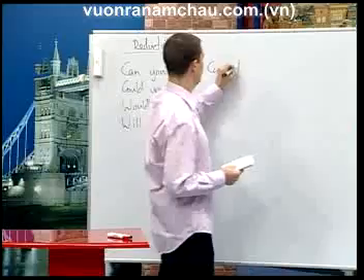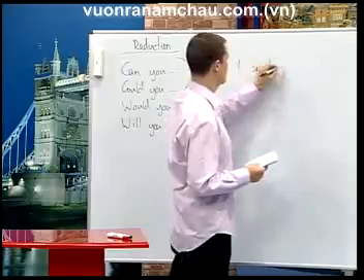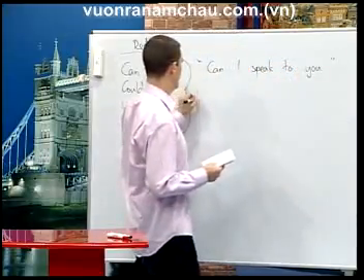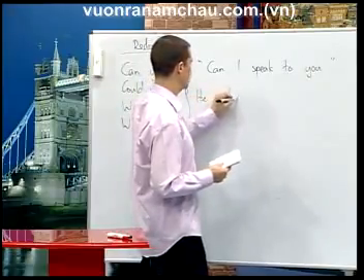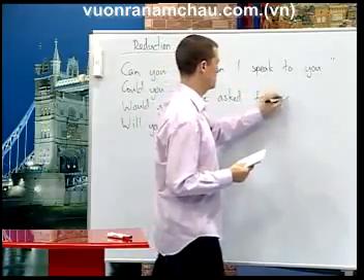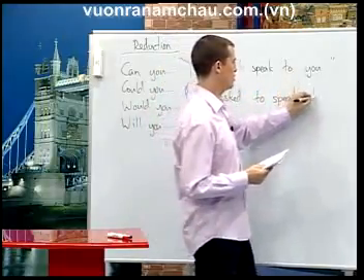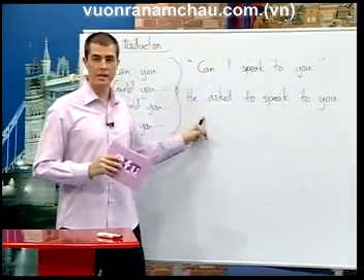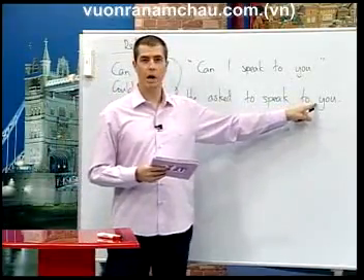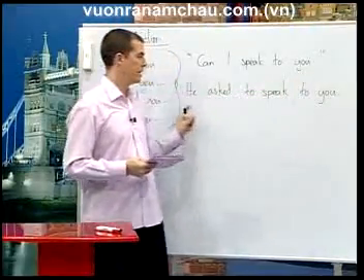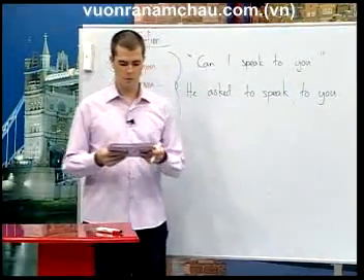So when we have a quotation like, "Can I speak to you?" this can become, he asked to speak. But we need this: to you. When we reduce these clauses, we must have the direct object. He asked to speak is not enough. He asked to speak to you.